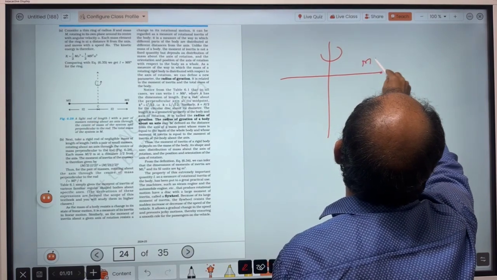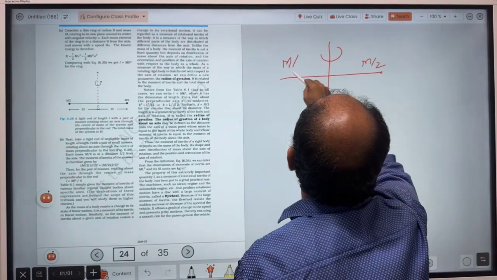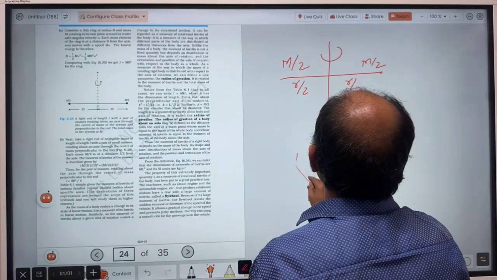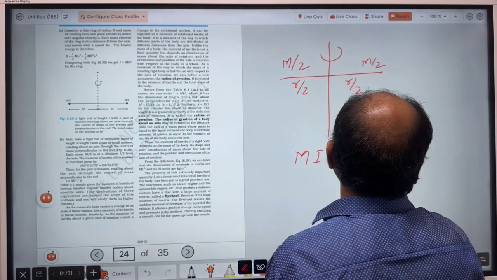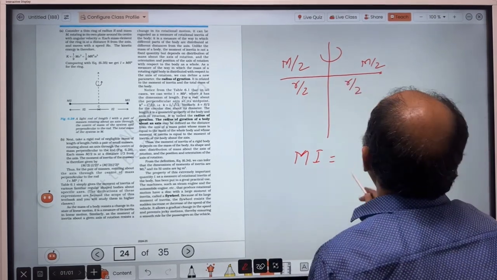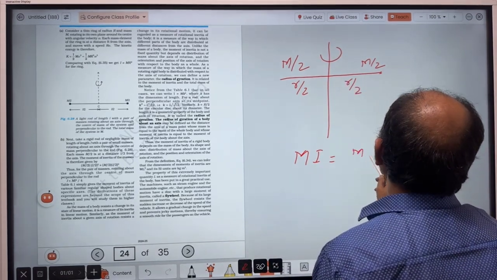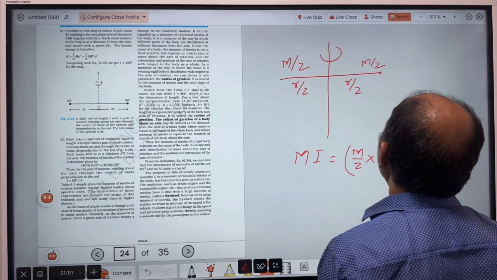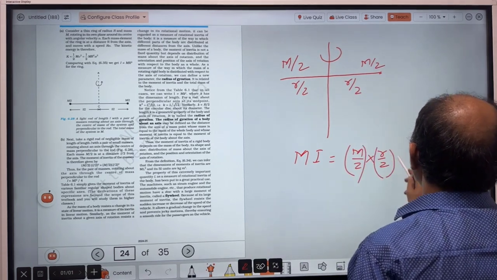So for the first, m by 2 into r by 2 square, plus the same, you can repeat it, m by 2 and r by 2 square, and then you can simplify. The same thing is written here.